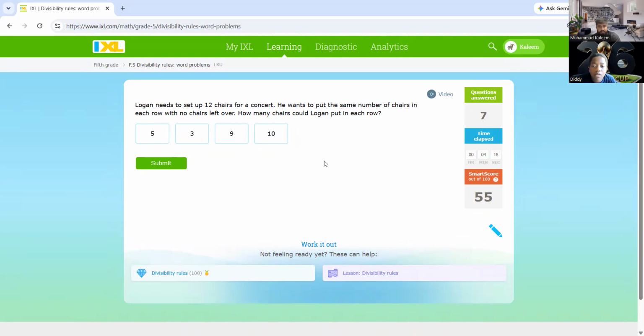Logan needs to set up 12 chairs for a concert. He wants to put the same number of chairs in each row with no chair left over. How many chairs could Logan put in each row? 3, yeah. Then 4 chairs will be in each row.